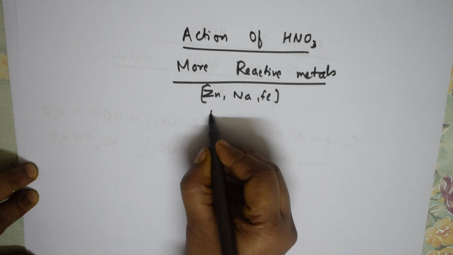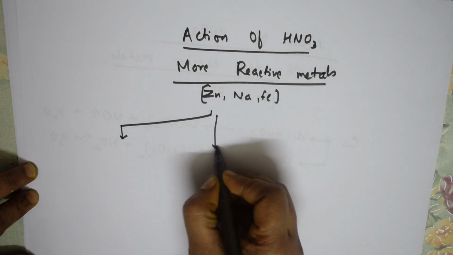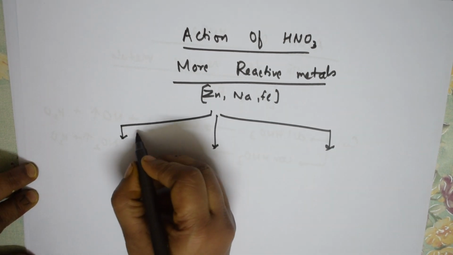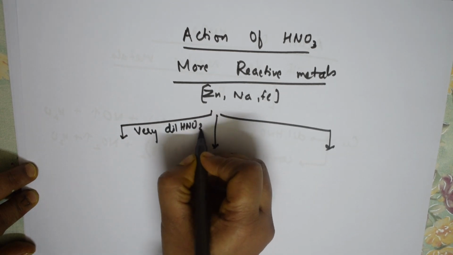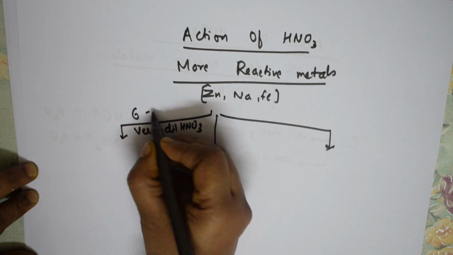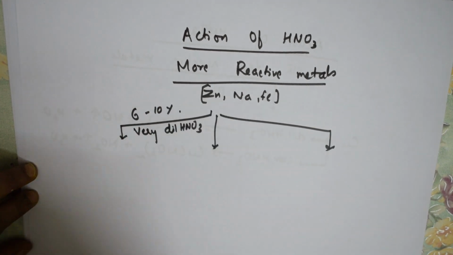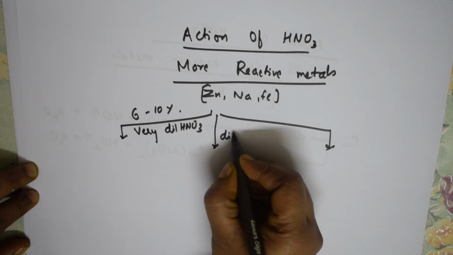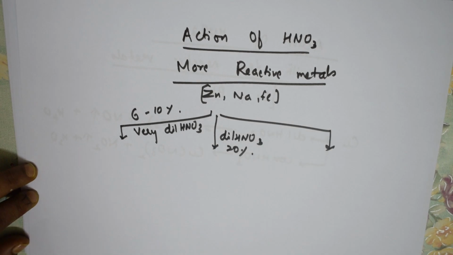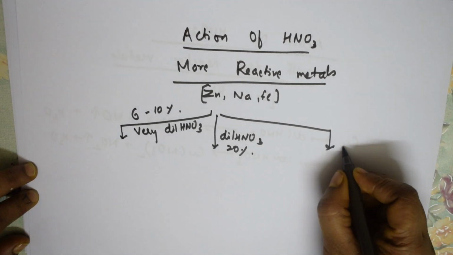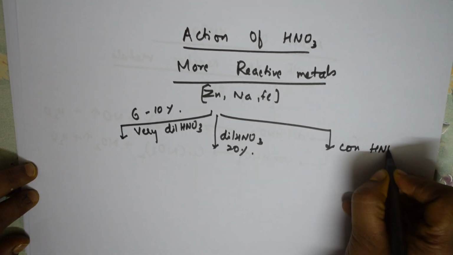Let us check. Suppose if I am taking this under 3 conditions, that is, if I take very dilute nitric acid. Very dilute nitric acid means how much? It's almost 6 to 10% diluted. Means almost 90:10. So if I take dilute HNO3, here how much? I am going to use 20% nitric acid. Further, I am going to use concentrated HNO3 more than 50%.